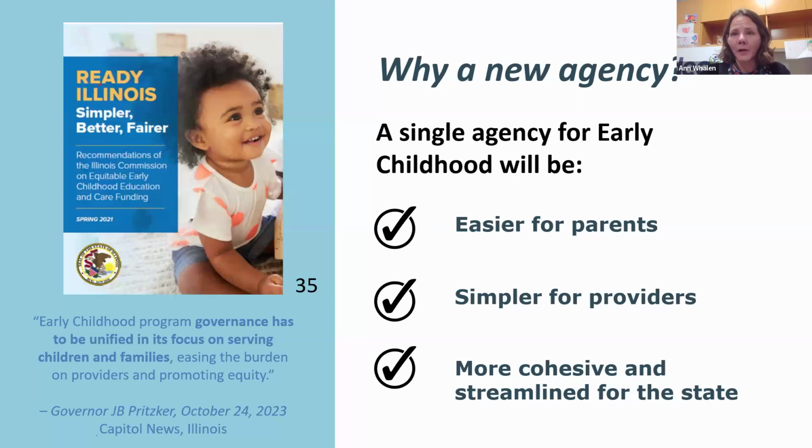This is building off of years of conversation across Illinois through the Early Learning Council, through other advisory committees and work groups, but was also one of the key recommendations that came out of the Early Childhood Funding Commission report in 2021, which really outlined that in order to continue building off of the progress for early childhood within the state of Illinois, one of the next steps should be looking at the governance and bringing everything together under one roof and creating one vision for early childhood in order to help this system be simpler, better, and fairer.